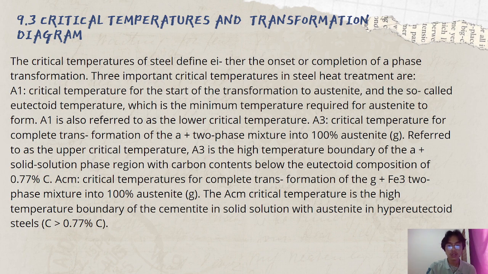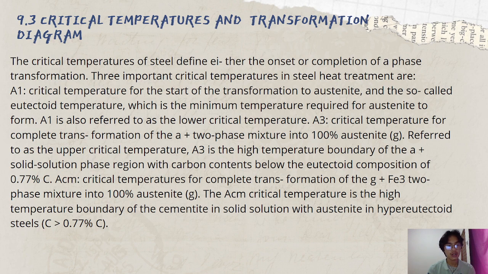A3 is the critical temperature for complete transformation of the alpha plus gamma mixture into 100% austenite in the gamma region, referred to as the upper critical temperature. A3 is the high temperature boundary of the alpha plus gamma region, in steel with carbon content below the eutectoid composition of 0.77%.